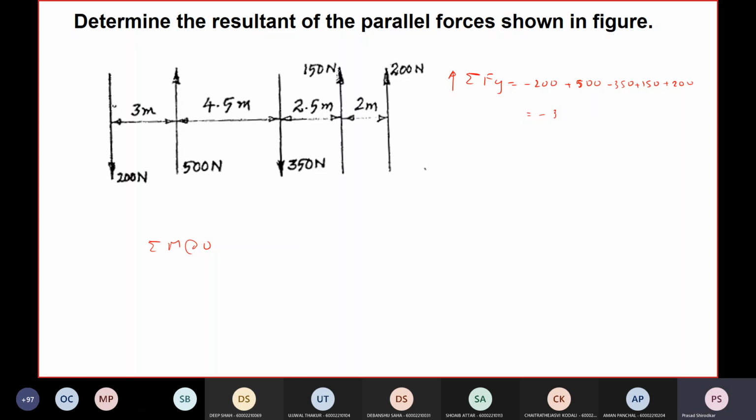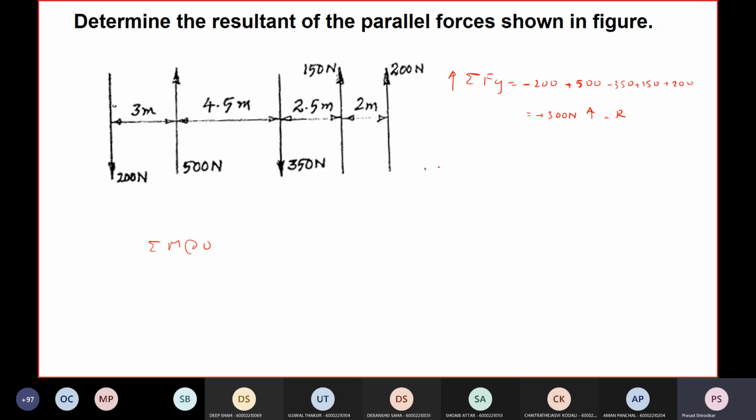Be careful. The first one is minus, this is plus, minus, plus, plus. Plus 300, correct. Plus 300 newtons, which is in the upward direction. So this is your resultant.